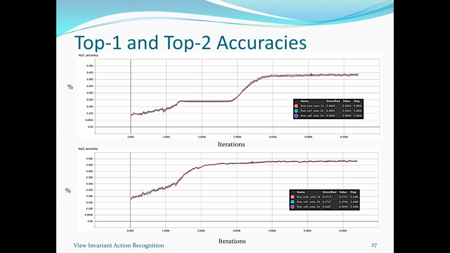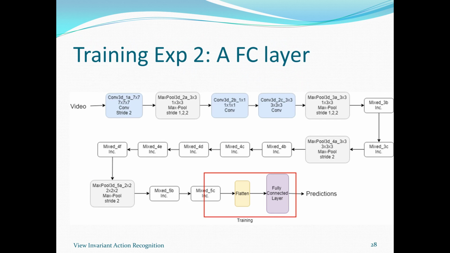This is the first time we got any results pertaining to view invariance. The top 2 accuracies go up to 47% training and 46.8% for validation 2. There it's 38%, 38.6, 38.9, and 38.0. All the graphs were smoothed by a factor of 0.6 automatically by TensorFlow.